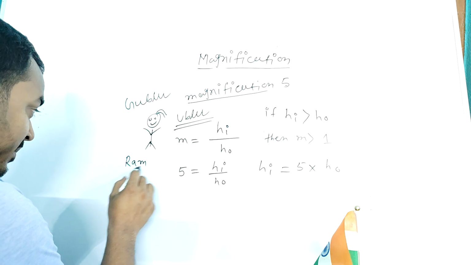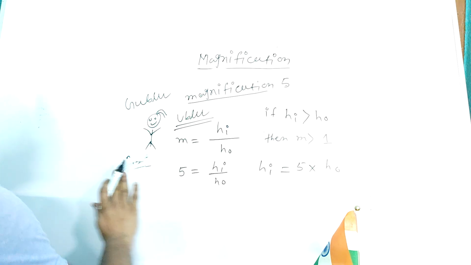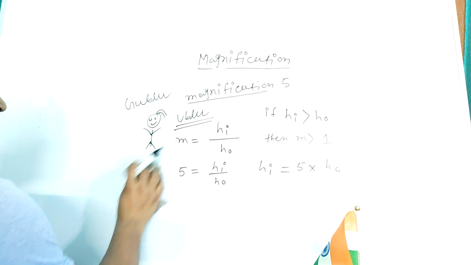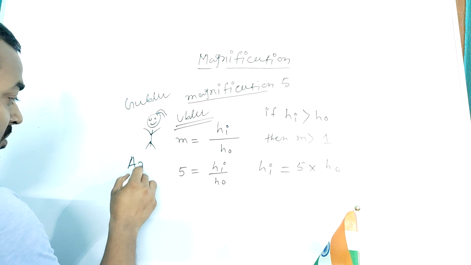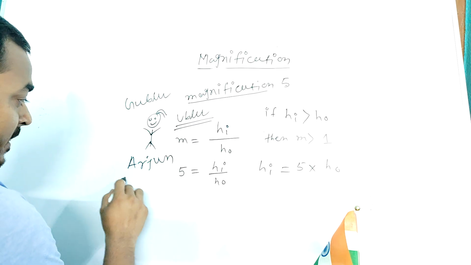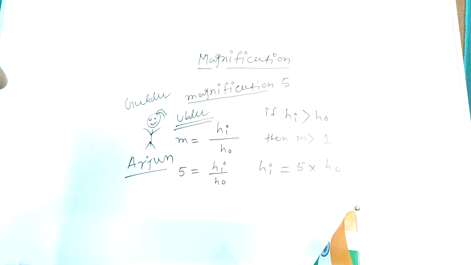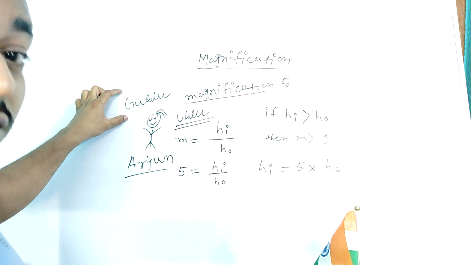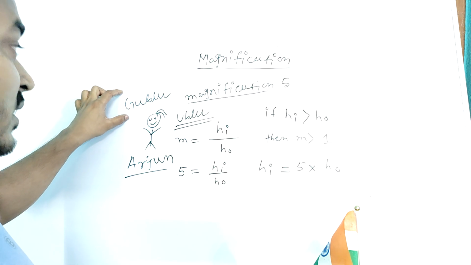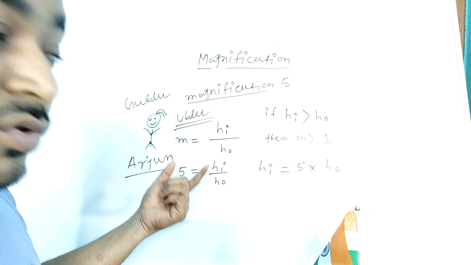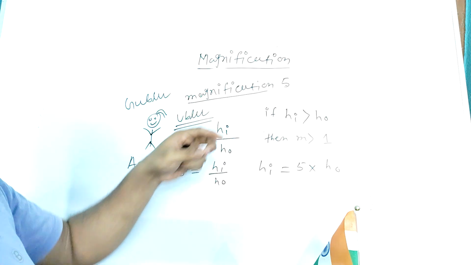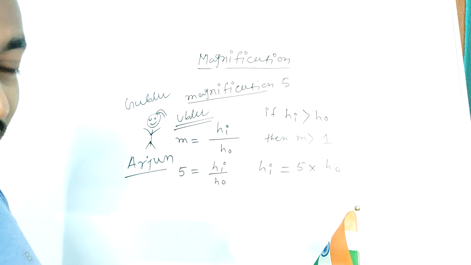Okay, I am writing Ram. Achha, let me write. This is what I am writing: Arjun. So his name is Arjun. Few of the relatives called him Uglu, few Guglu. Similarly, magnification to same magnification.